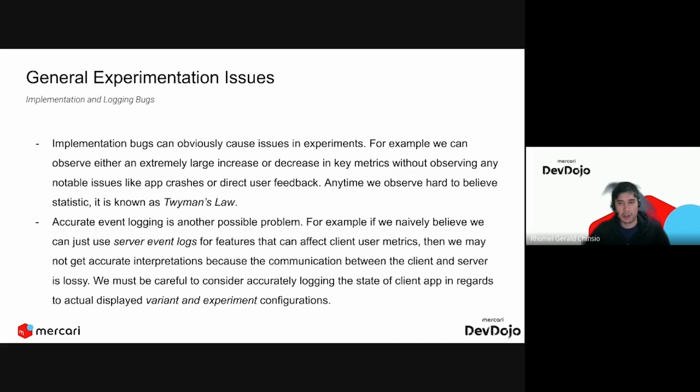So one key issue in experimentation is something called Twyman's law.